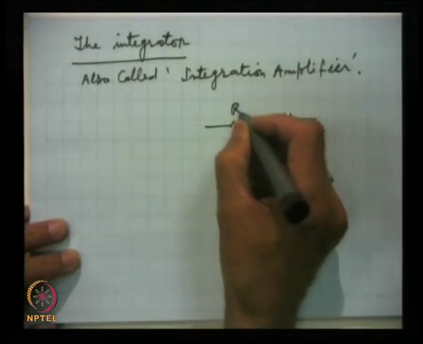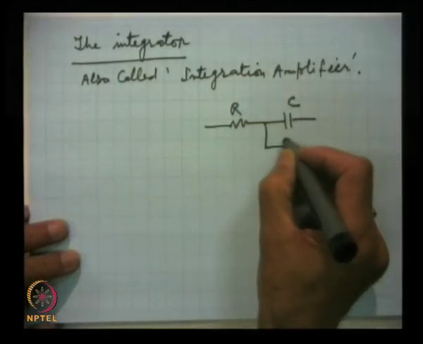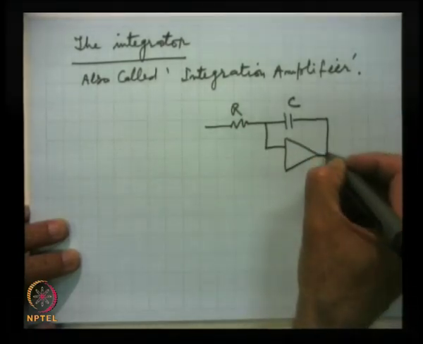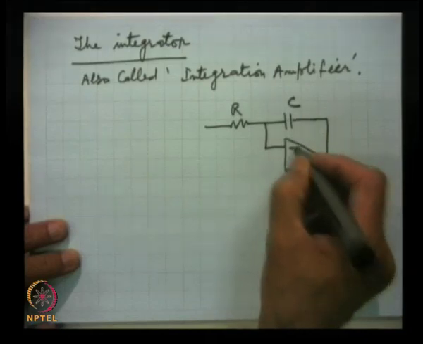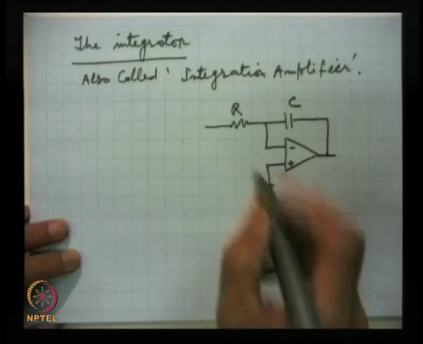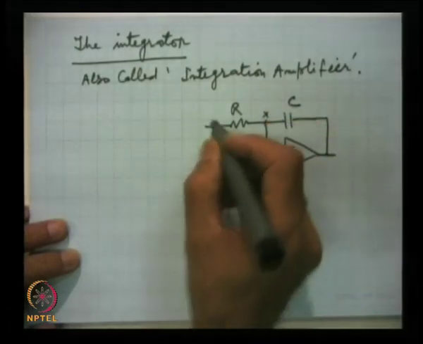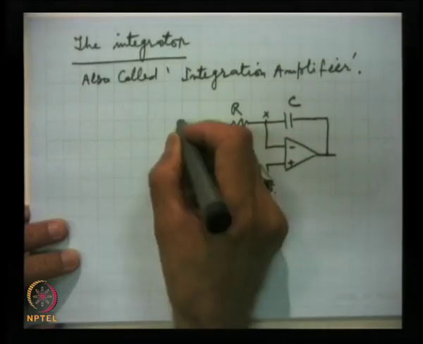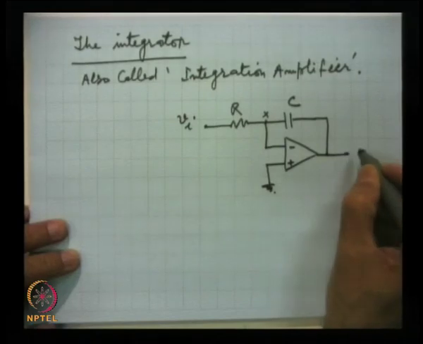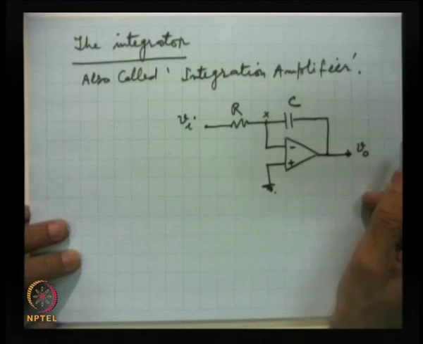This is R, this is that capacitance, this is the point X, and here we attach the input signal and output is taken here, V out.